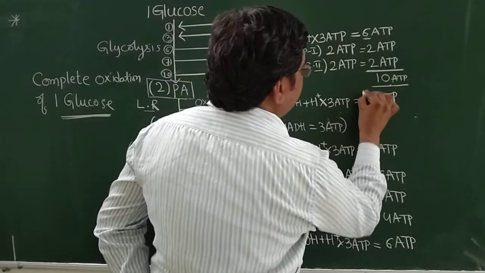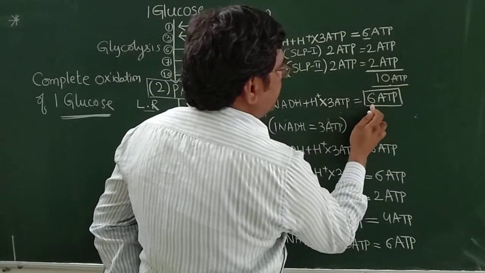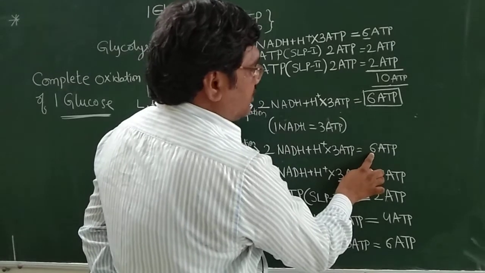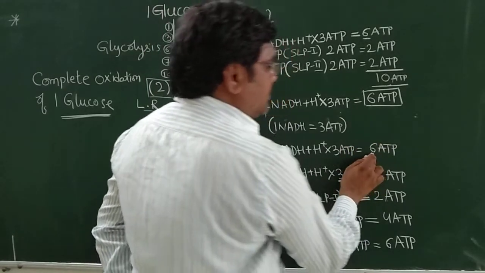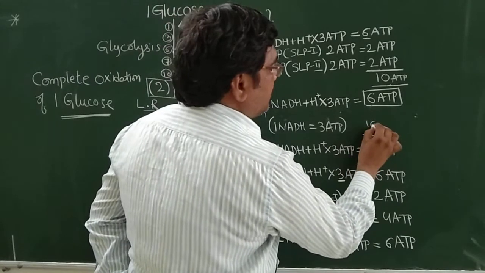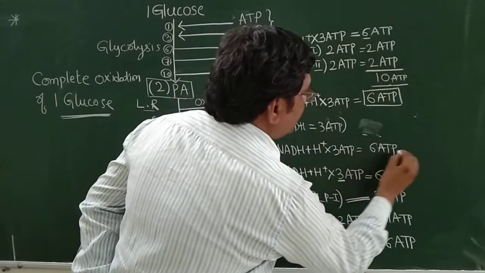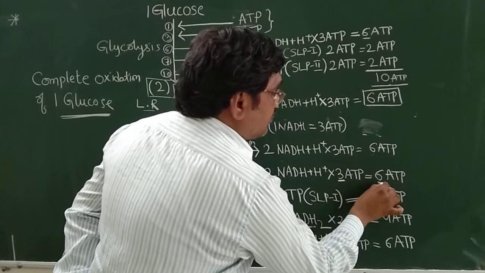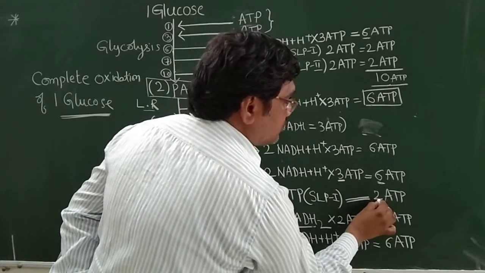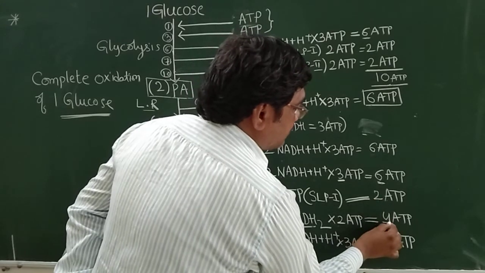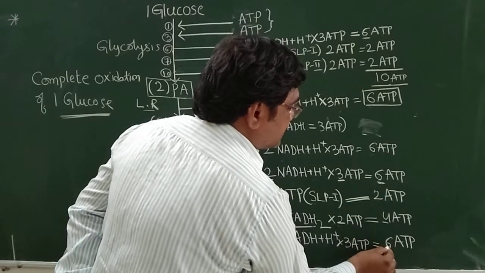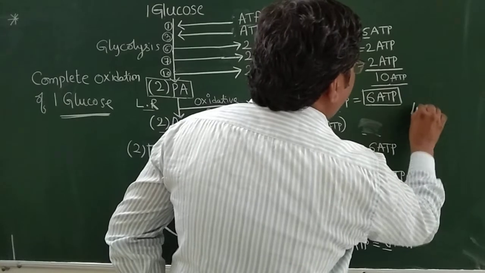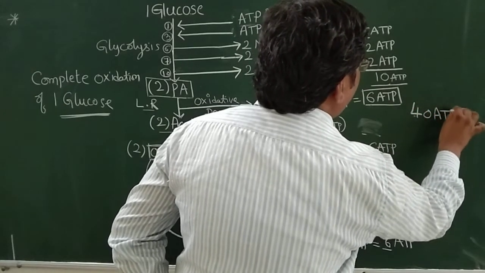In the link reaction, 6 ATPs are produced. 10 plus 6, 16. 16 plus 6, that is 22. 22 plus 6, 28. 28 plus 2, 30. 30 plus 4, 34. 34 plus 6, 40. Here total ATPs are 40 ATPs.